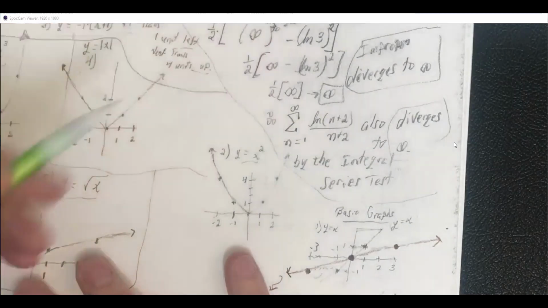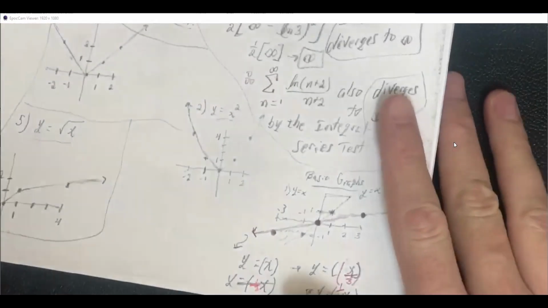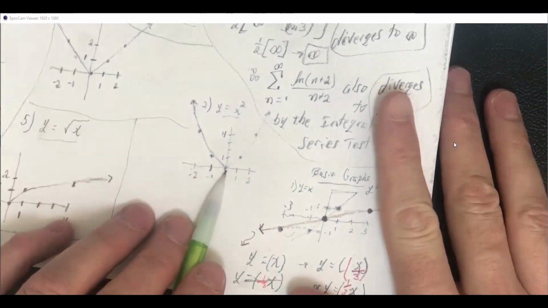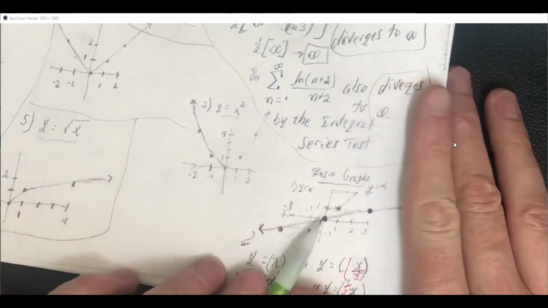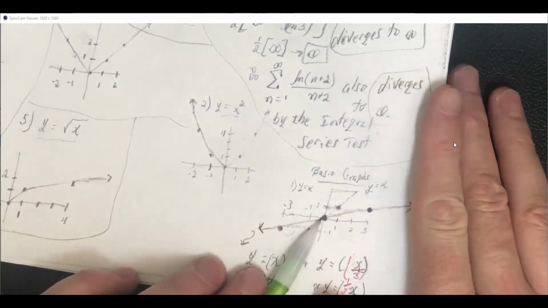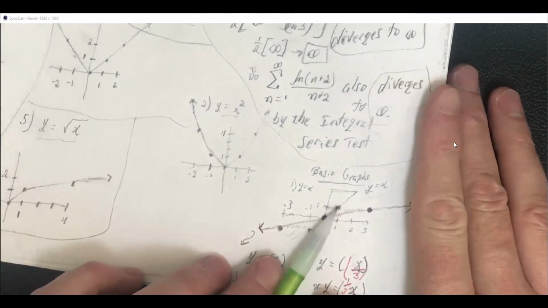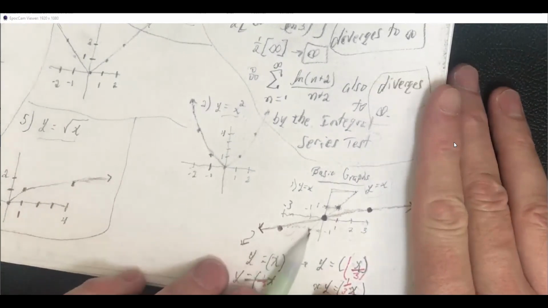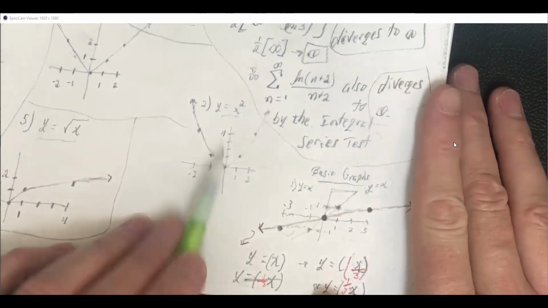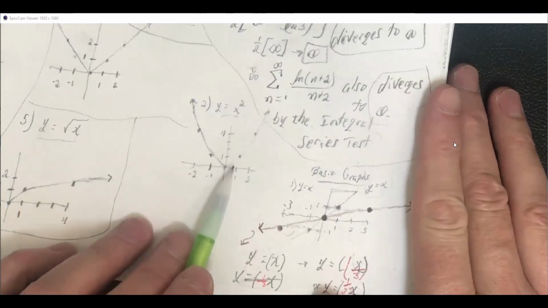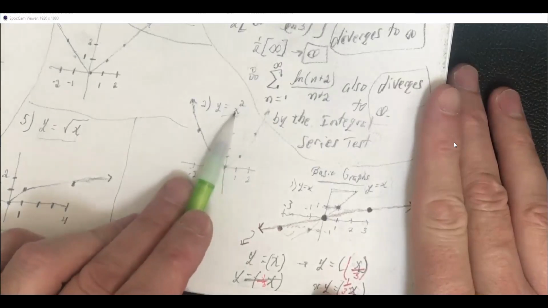So what are the key points that I would like us to take special note of and remember? Just like this one was 0, 0, and then over 1, up 1, left 1, down 1. On this one, the point is 0, 0, because 0 squared is 0. The next one is 1 squared, 1 times 1 is 1.